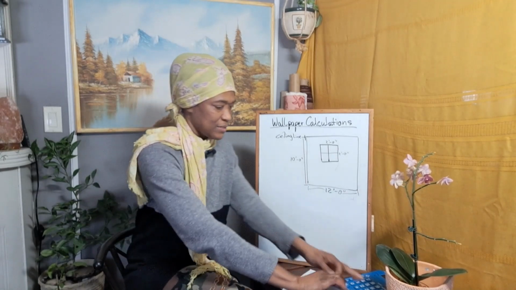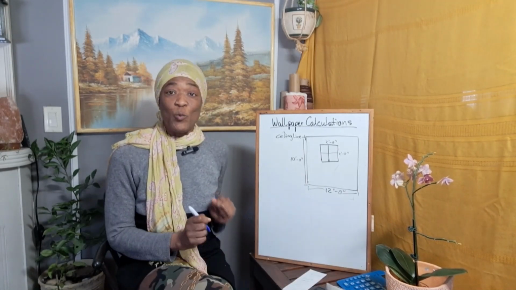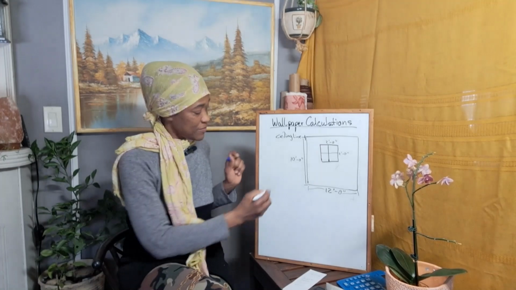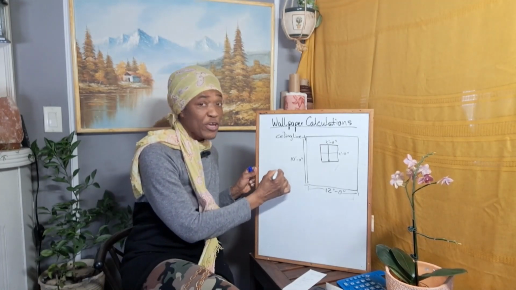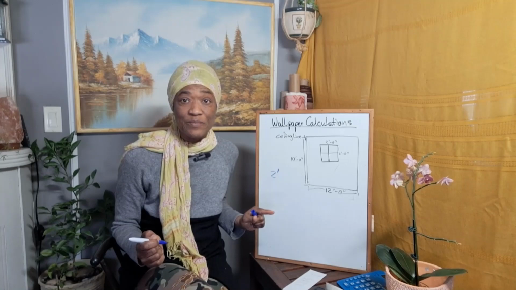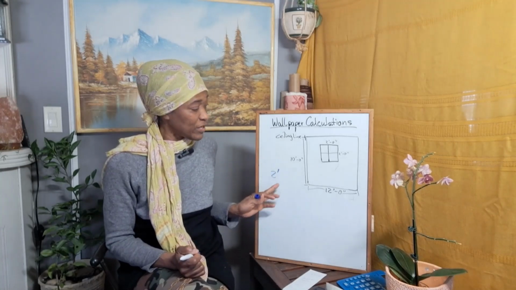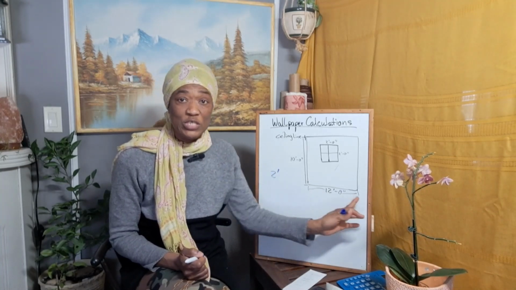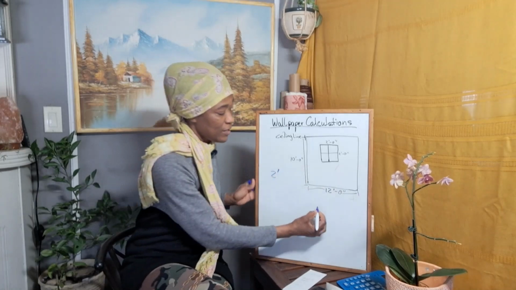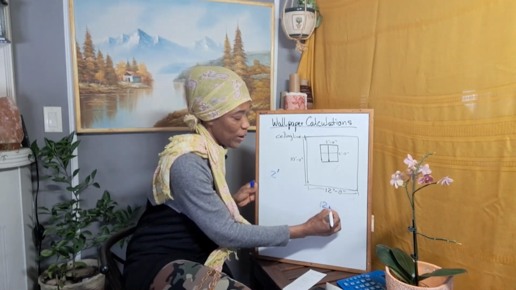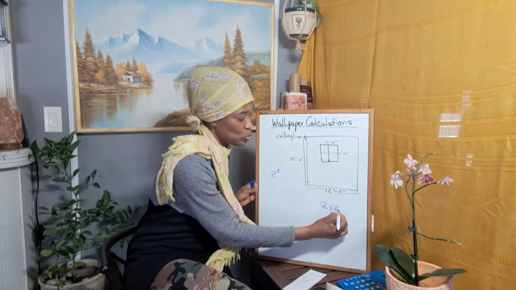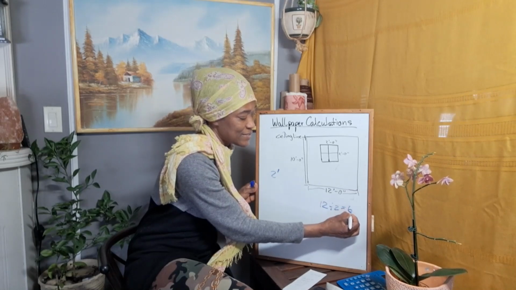So let's get started. Let's pretend we are going to buy wallpaper that's 2 feet wide. We'll take this 2 feet and this 12 feet, which is the width of the room, and we will divide the 12 by 2, which is 6.